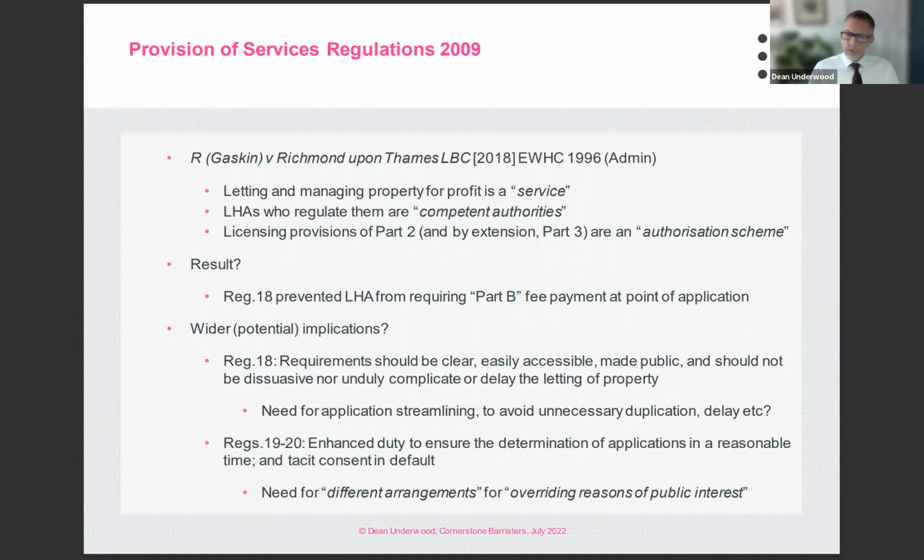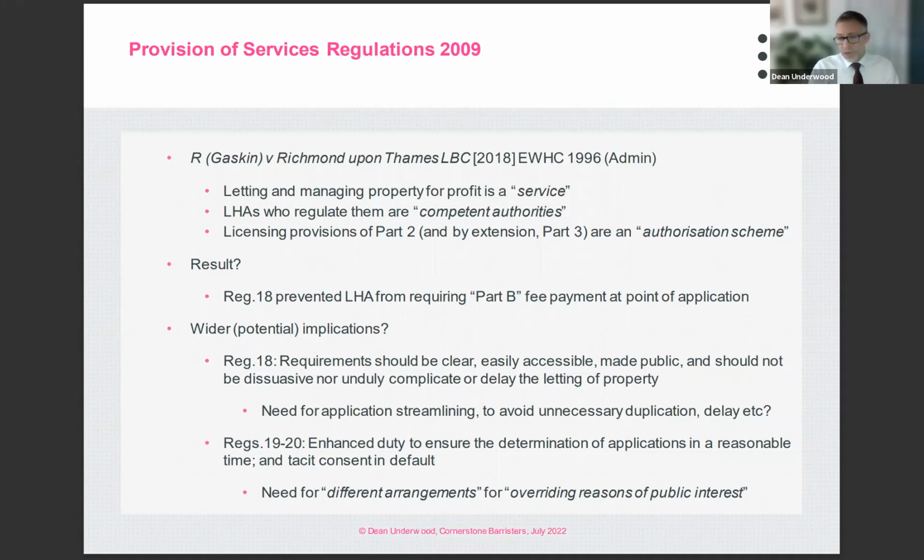So again, query, does this require local authorities, where necessary, to streamline their application process to avoid, for example, unnecessary duplication in the provision of information or to reduce delays in the application process? Well, there's no direct authority on point, and Gaskin certainly doesn't deal with this directly, but arguably so.